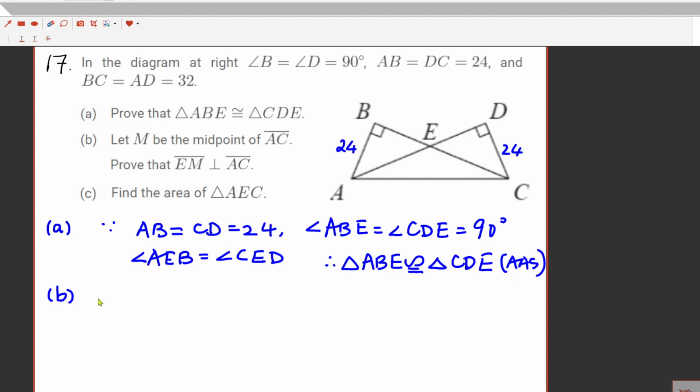Okay, then question B. From part A, we know AE equals CE, right? Therefore AE equals CE from the AAS congruence. Therefore, we know triangle AEC is an isosceles triangle.